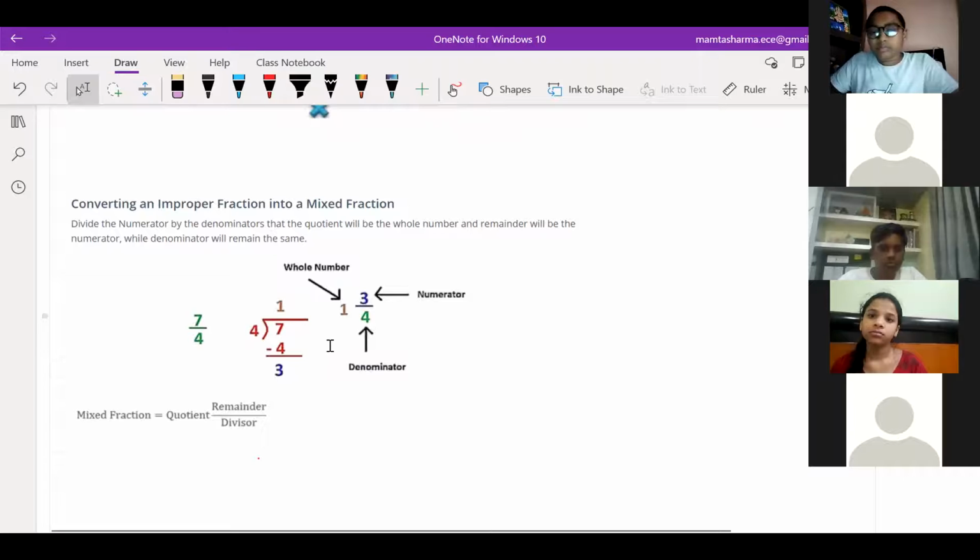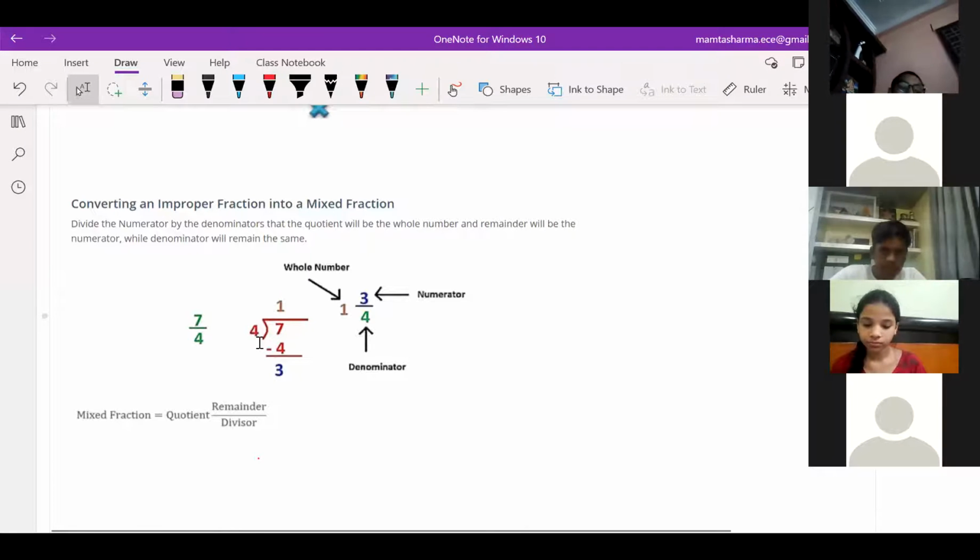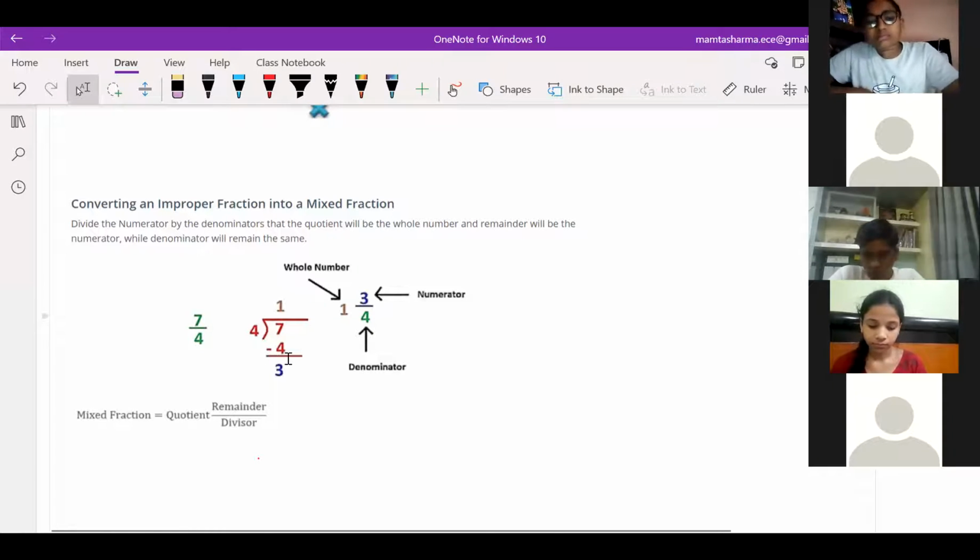First step is just divide them. 7 is the dividend, 4 is the divisor. So divide 7 by 4. It will be 4. Now the quotient will be 1 and the remainder will be 3.